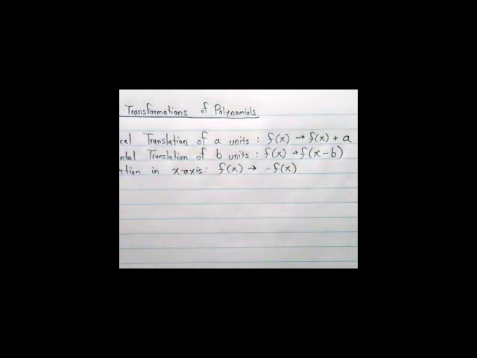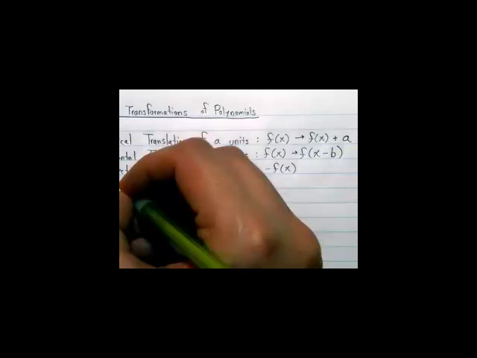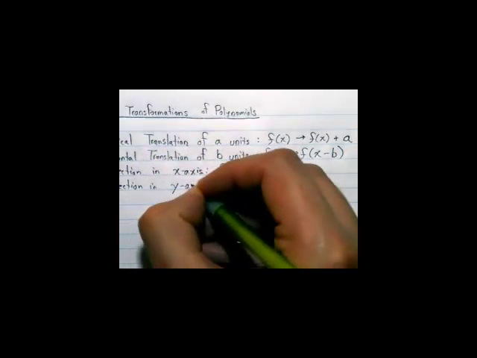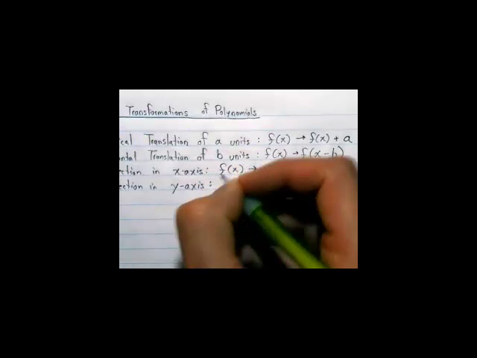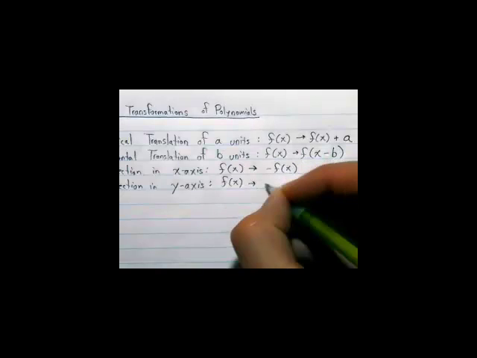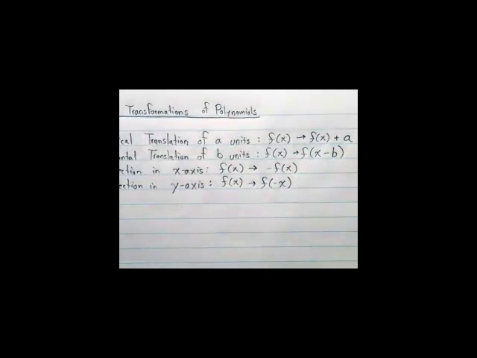Okay, that's an x-axis reflection. If I'm going to do a y-axis reflection, it's pretty similar. It's just making the x negative instead of the entire equation negative. So f of x is going to transform into f of negative x. So you'd go through the entire equation, switch every x to a negative x, and you got it.